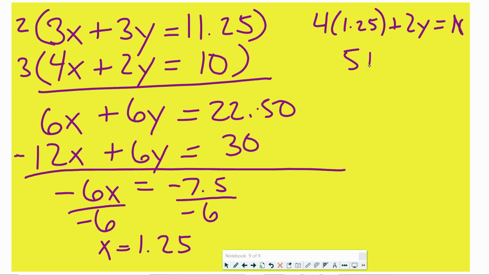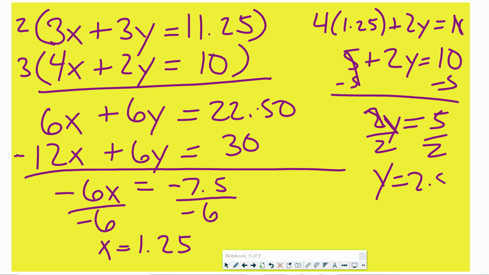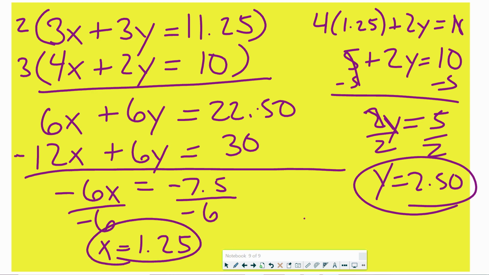So I have 5 plus 2y equals 10, minus 5, minus 5. 2y equals 5. Divided by 2, I get y equals 2.50. So my ordered pair is 1.25, comma 2.50.